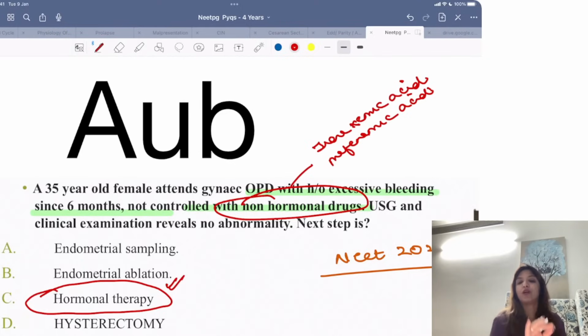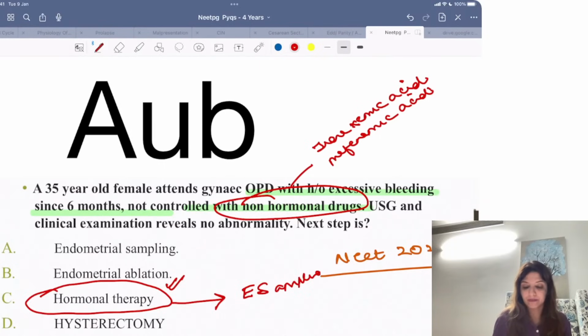I am going to give her hormonal drugs, and still if the bleeding is not controlled, then I am going to go for endometrial sampling. Right, because here the word was non-hormonal, so your answer first has to be give her hormonal drugs, try to control her bleeding, and then go for endometrial sampling.